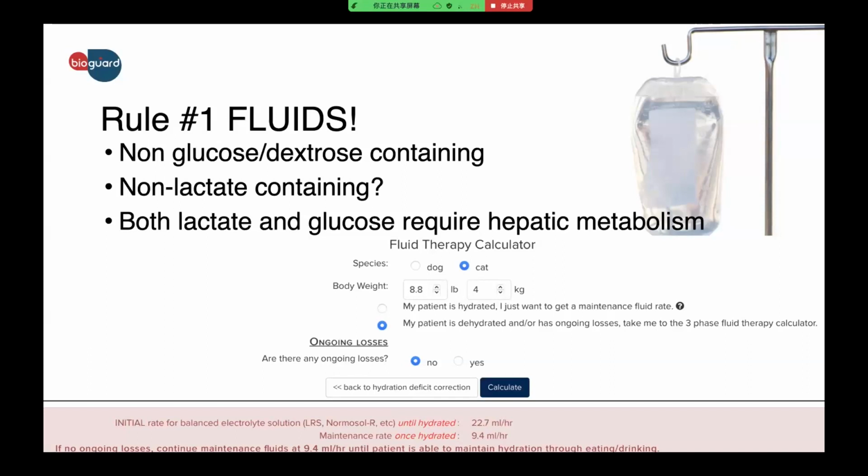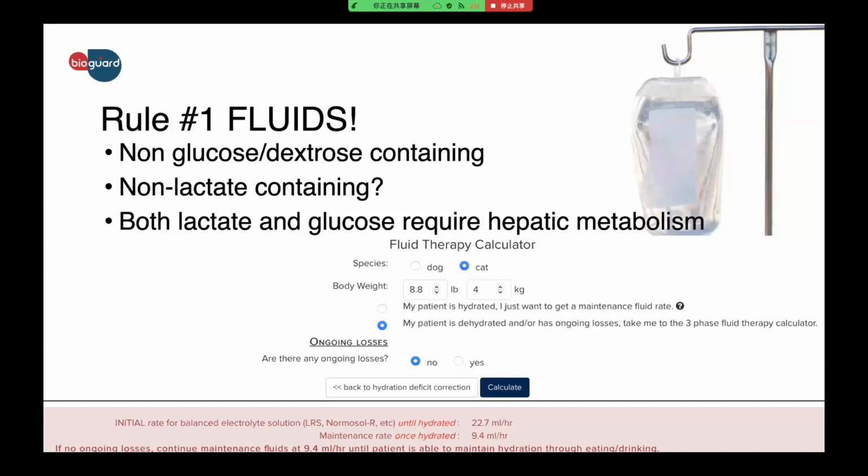But recently there are some lectures, some books, that tell us that 80% to 90% of lactate in the body will be metabolized in the muscle system. So I would say it's acceptable to use fluid like lactated Ringer's solution for the treatment. But if possible, it's better to use a non-lactate containing fluid like Ringer's solution.